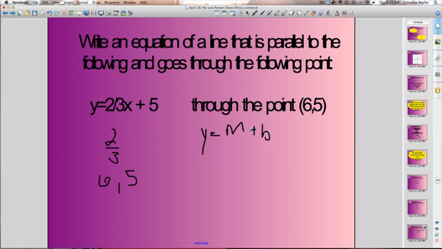You're going to plug in the point. So y would be 5, m would be 2/3, and the x would be 6. And you solve for b, and that will get you to the new equation. Unpause the video when you're done for the final answer.